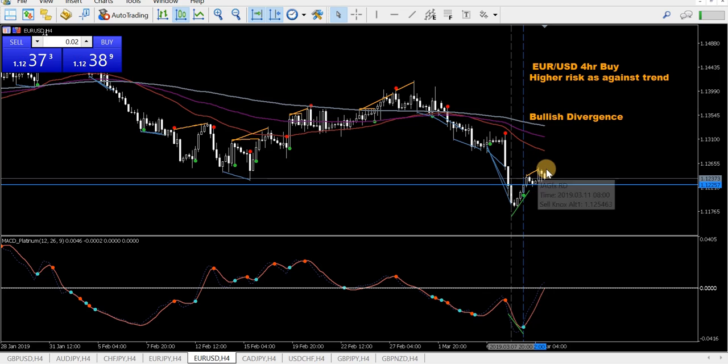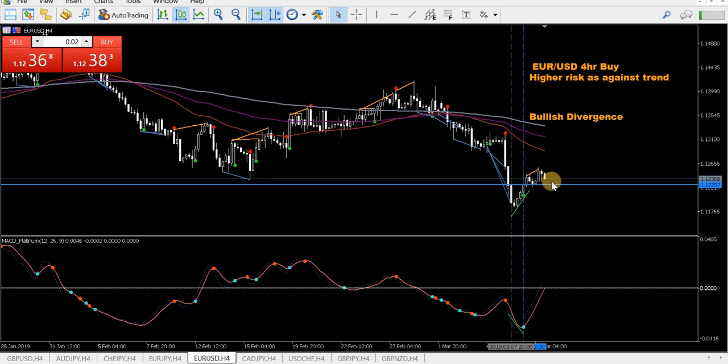So I would take half off it around the open of this candle here, and whatever the profit is from there to there, I would probably just put my stop down there somewhere. So if it rolled over and went through the entry level and stopped me out, overall it'd be break even. Or you could put it below that little fractal there, that little low.